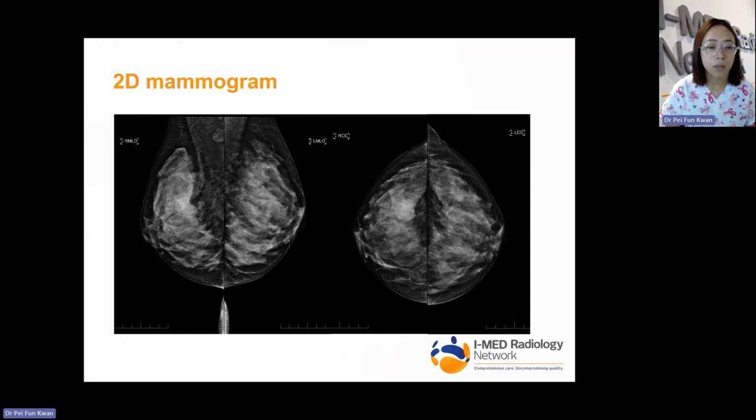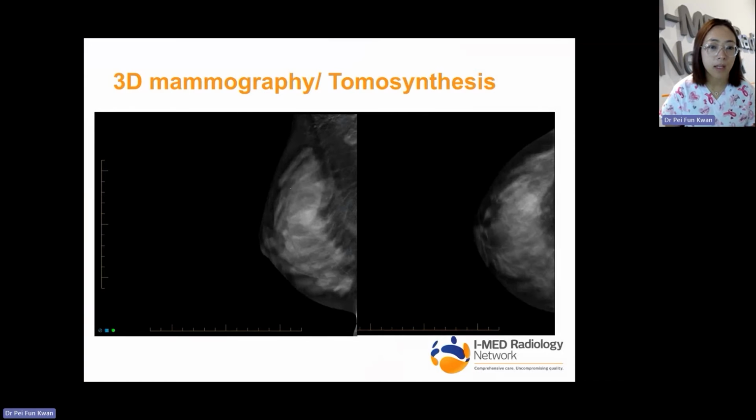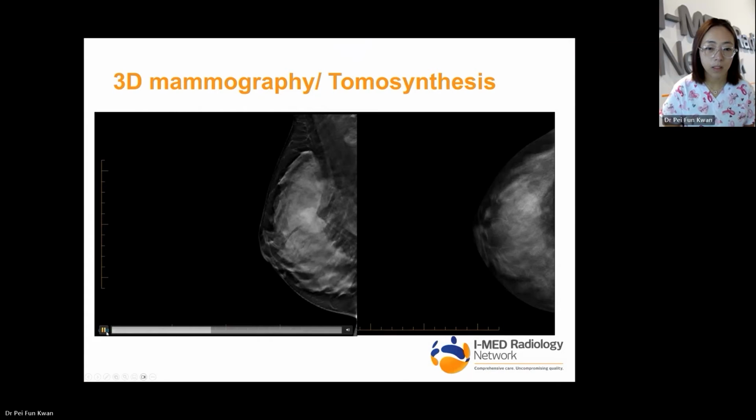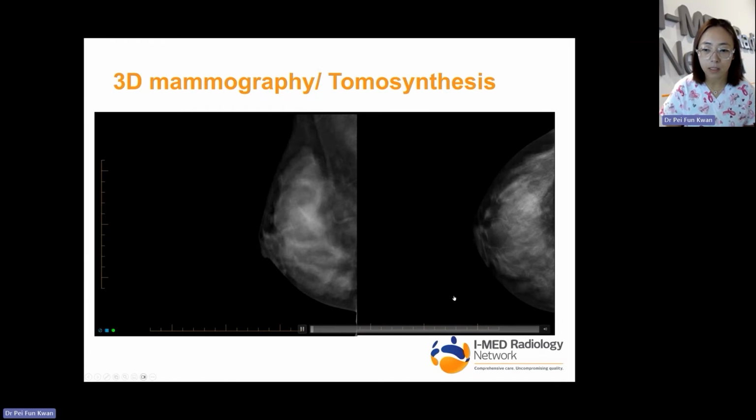Here's the 2D mammogram I showed you earlier, the same patient, and this is her right breast 3D tomosynthesis. So I'm going to play a video. This is the lateral view, and you see the slices go through from medial to lateral, and this is the CC view.